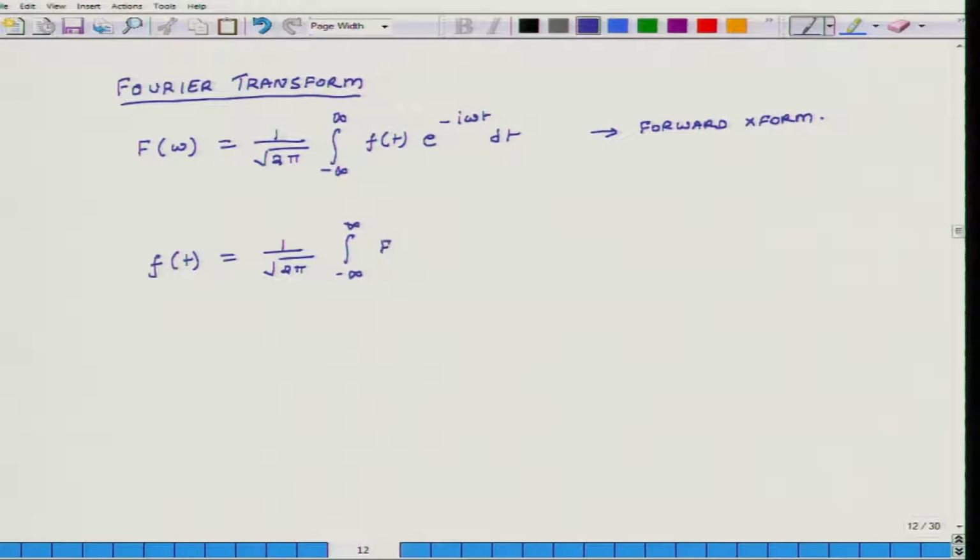And here, instead of f of t I have capital F of omega, and instead of e to the power of minus i omega t I have e to the power of plus i omega t, and I integrate with respect to omega. So, this is my inverse transform.